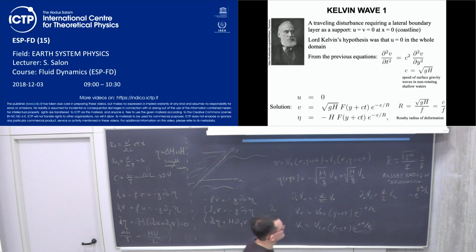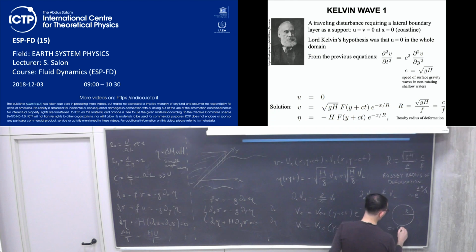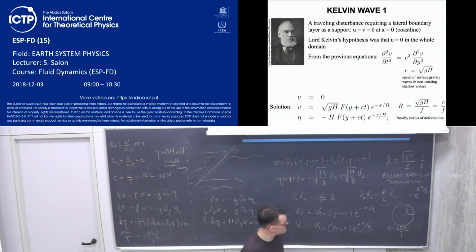And actually, this helps us: if we consider a circle with a radius r, the velocity will be 2 pi r divided by the period t. Okay?